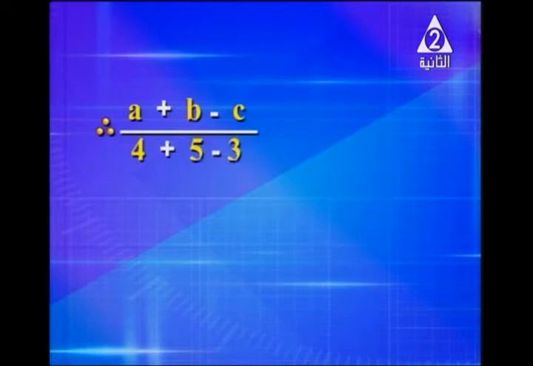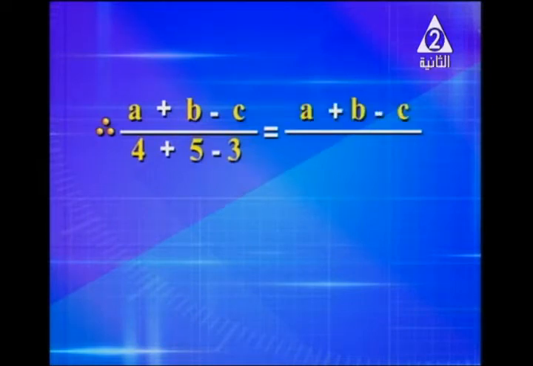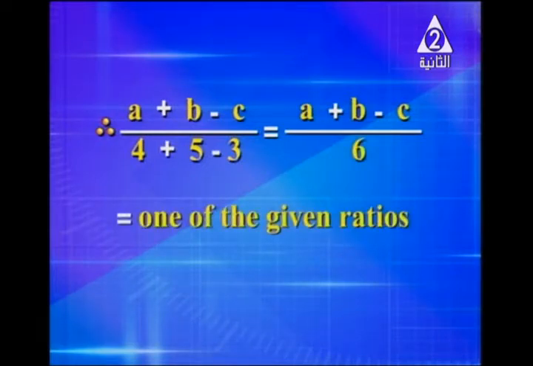Therefore (a + b − c)/(4 + 5 − 3) = (a + b − c)/6 equals one of the given ratios.